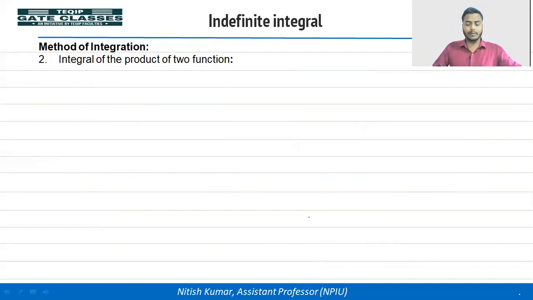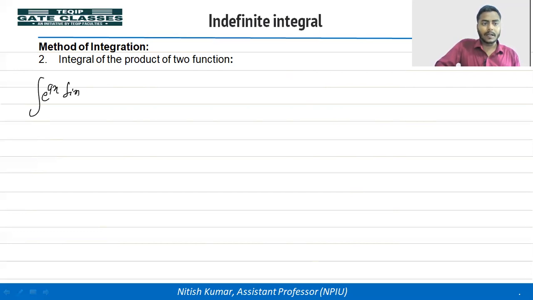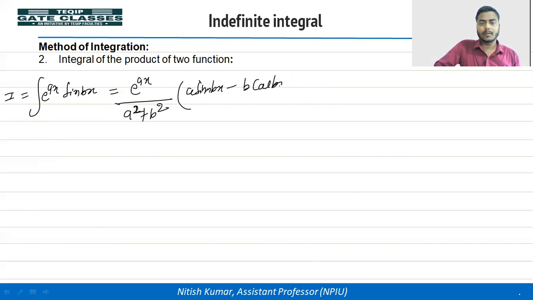So I'm going to write some formulas. Integration of e to the power ax sin bx would be equal to e to the power ax divided by a square plus b square into a sin bx minus b cos bx.